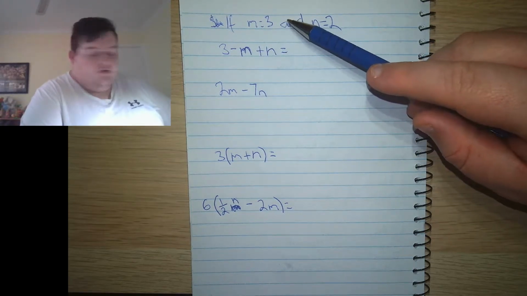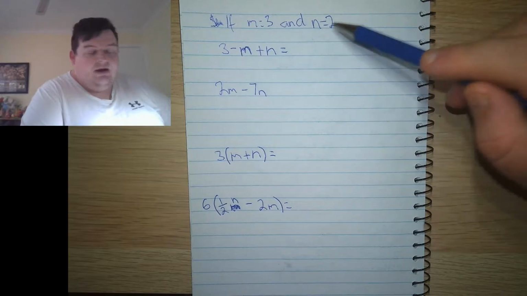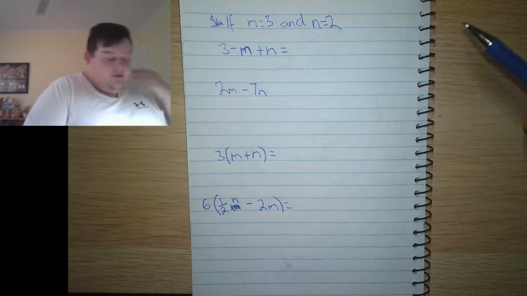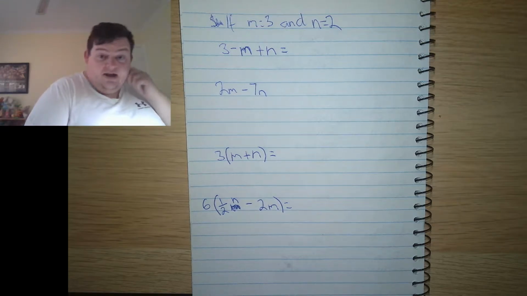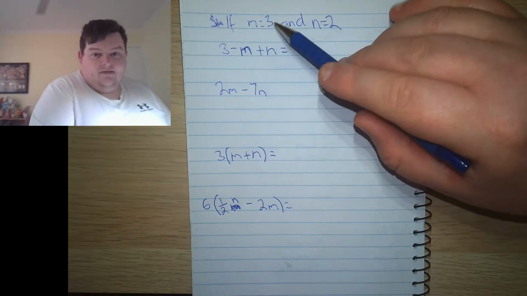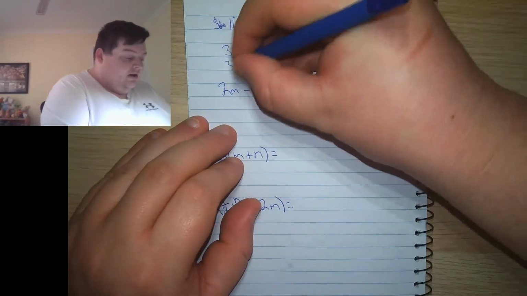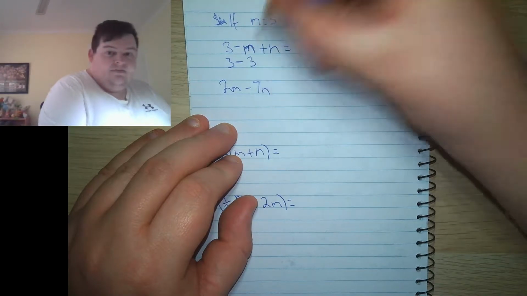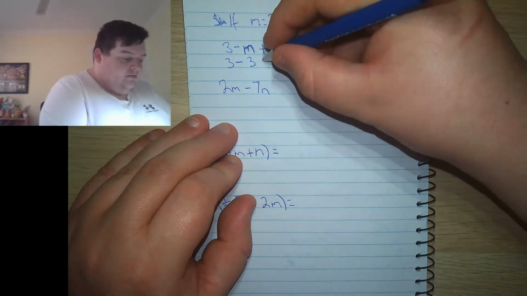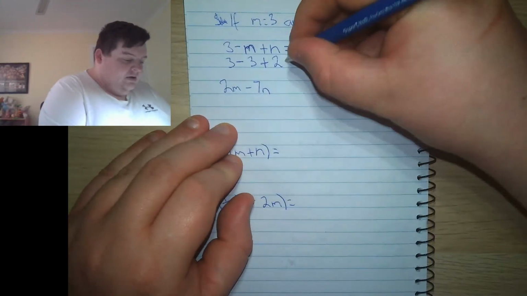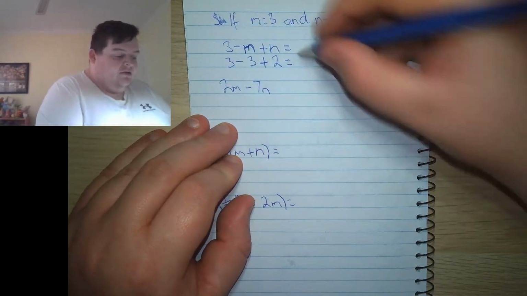In this case, M is equal to 3 and N is equal to 2. Obviously the question will tell you what to do. But in this case, all I'm going to be doing is replacing that letter with that number. So we have 3. Instead of minus M, it's minus 3, plus N, which in this case is 2. 3 minus 3 plus 2 is 2.